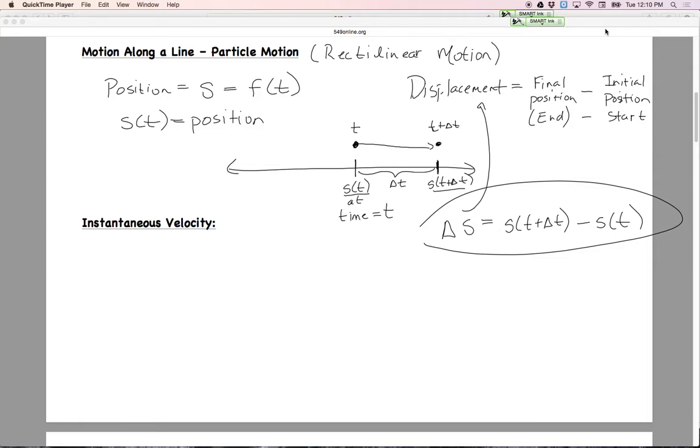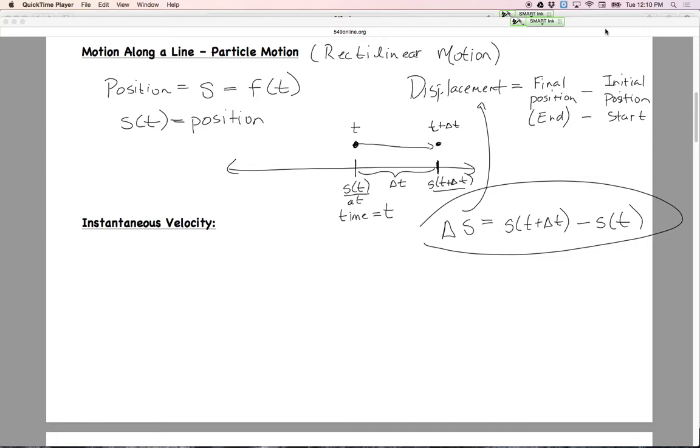It's how far you displaced from your original position. That's all you're measuring. And that's still a distance, but sometimes that distance can be what? That distance sometimes can be 0, because it's not truly distance anymore. It's what? Displacement, which takes into account positives and what? Negatives.